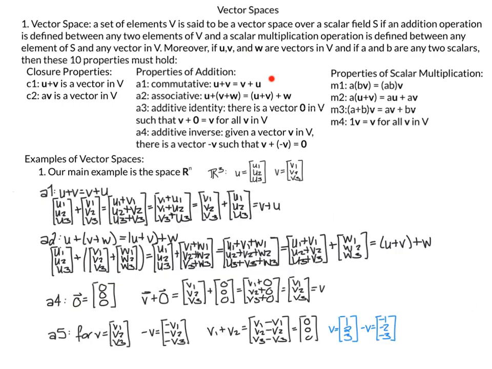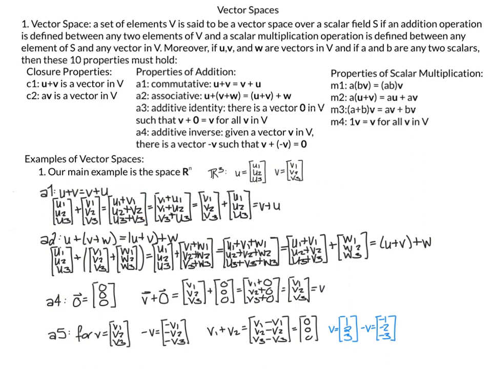Next, I have my properties of addition, and they take up a little more space. First, I want to show that it's commutative, so that U plus V is equal to V plus U. So I have my 2 representative vectors, and I am going to add them together. And by vector addition, I get U1 plus V1, U2 plus V2, U3 plus V3.